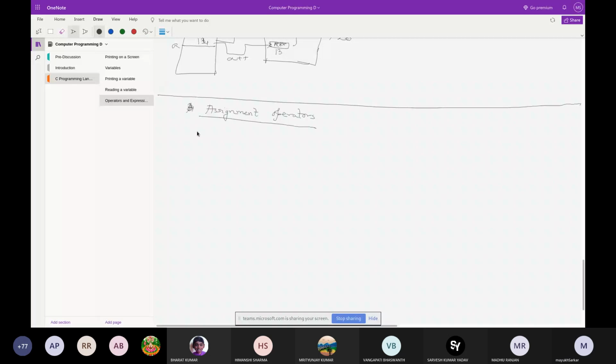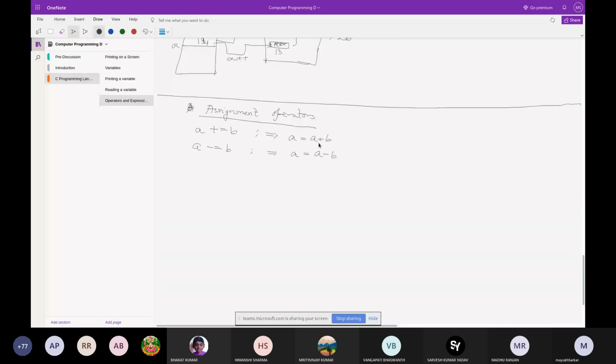Suppose A plus equals B. This simply means A is equal to A plus B. I hope you know this already, so I'll just mention it. If the left hand side variable and the first variable on the right hand side are the same, in fact it means you are updating the variable.